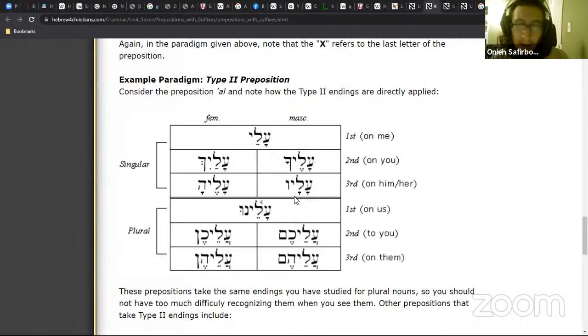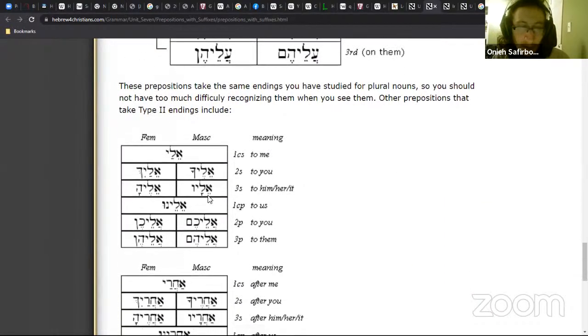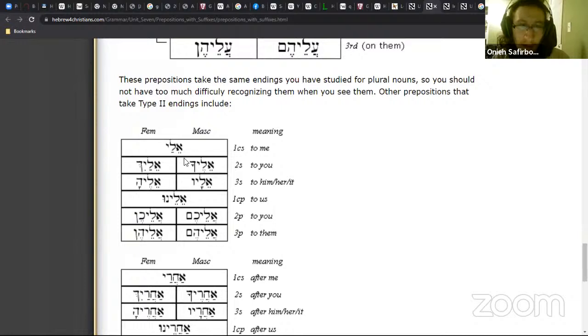But what's also interesting is that in some words, yod is used in singular to mean of. So that could be the case here. And the same thing for aleph lamed here. You've got the suffixes. Aleph lamed also uses the plural forms when it's doing the suffixes. Aleph lamed means unto.